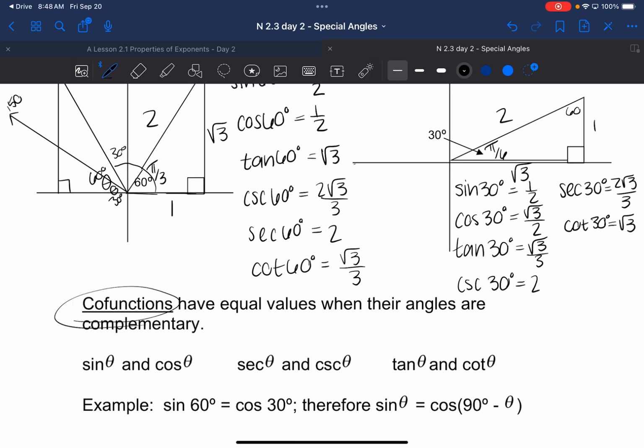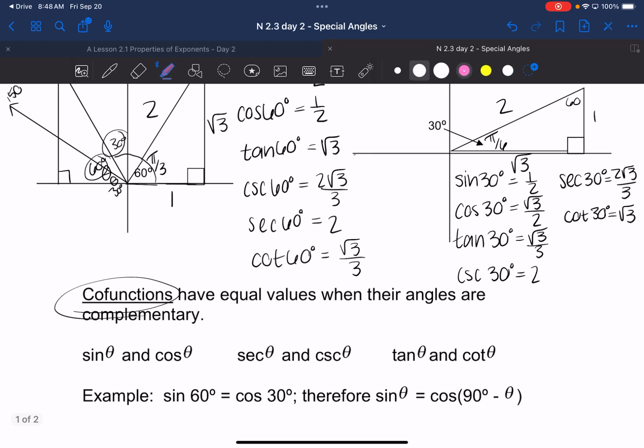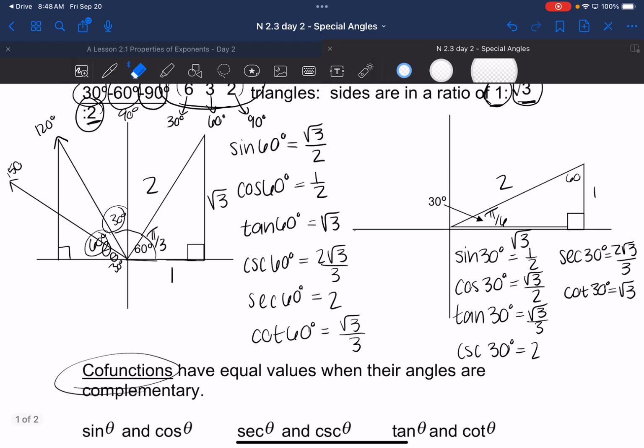It says cofunctions have equal values when their angles are complementary. So, for example, 30 and 60 are complementary. Remember, complementary just means they add up to 90, right? So they give some examples, like sine of 60. Well, sine of 60 we had right here. That was square root of 3 over 2, right?